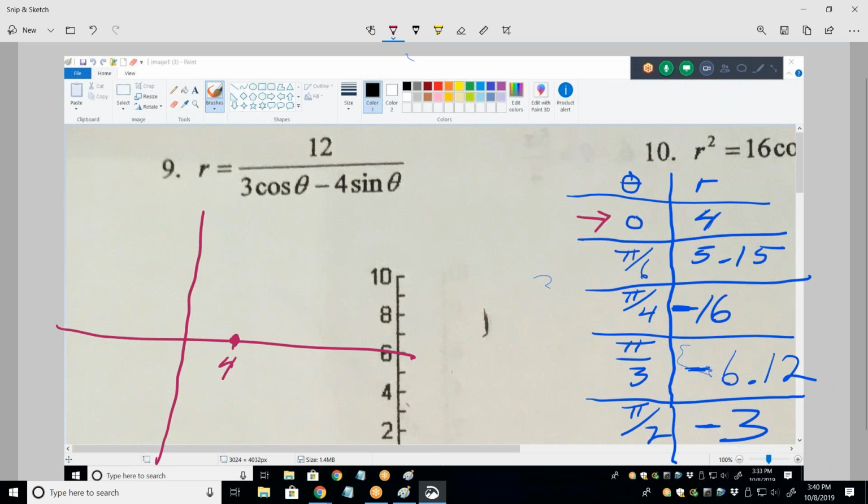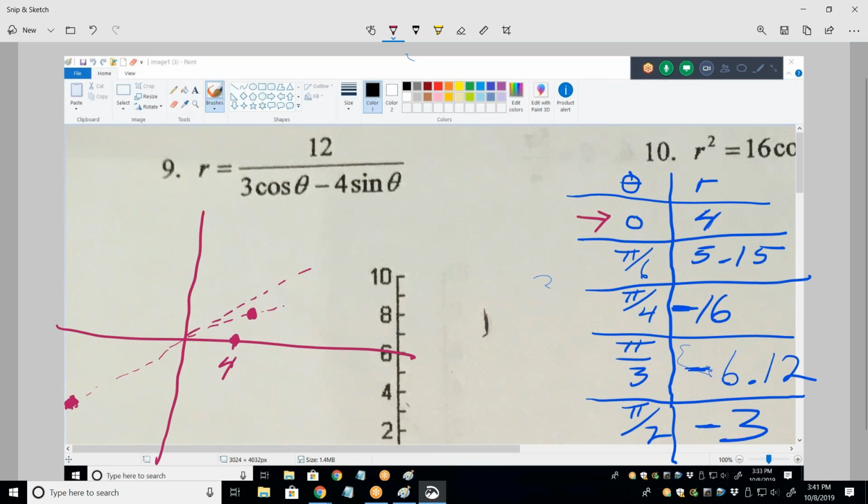When theta is pi over 6, which is 30 degrees, r is 5.15. That point's on the curve. When theta is 45 degrees, r is minus 16, which means we have to go backwards. You understand that about polar?